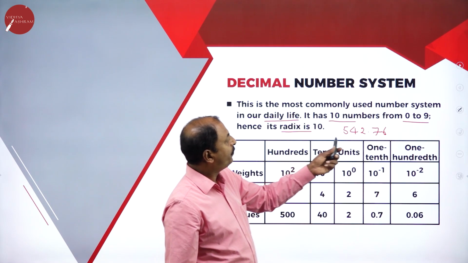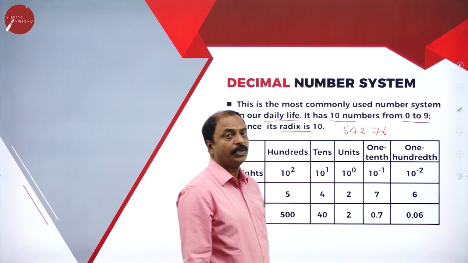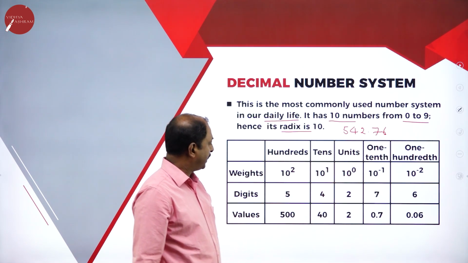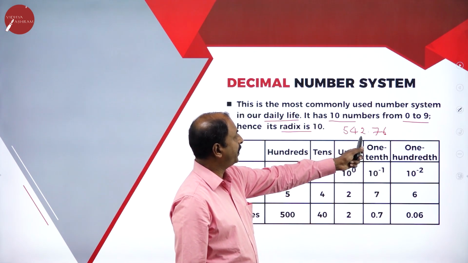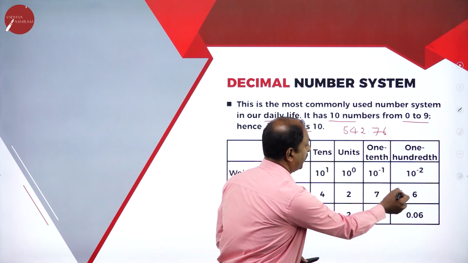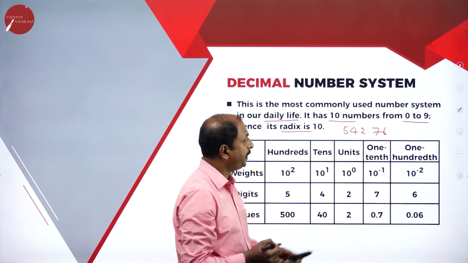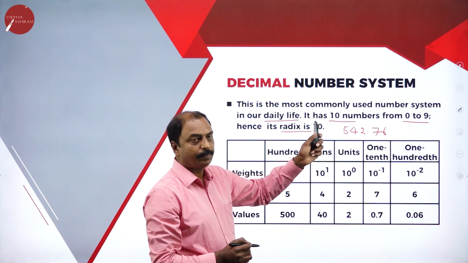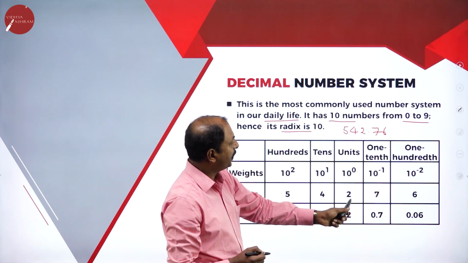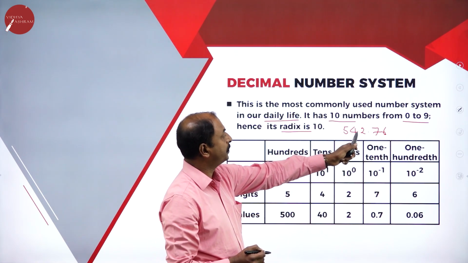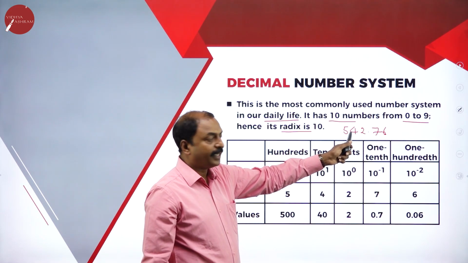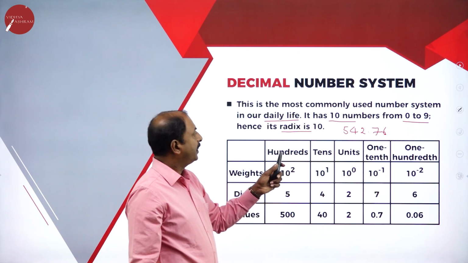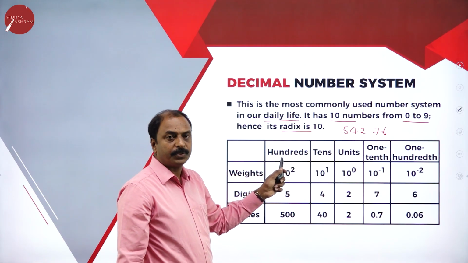Now, you have learned in your junior classes what the position of each digit is. Here, 542 is before the decimal point and 76 is after the decimal point. In this, 2 is in the units position, 4 is in the tens position and 5 is in the hundreds position.